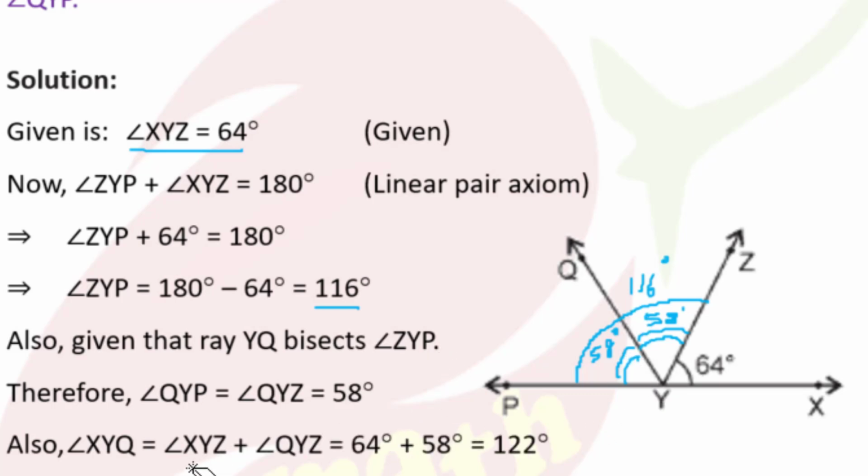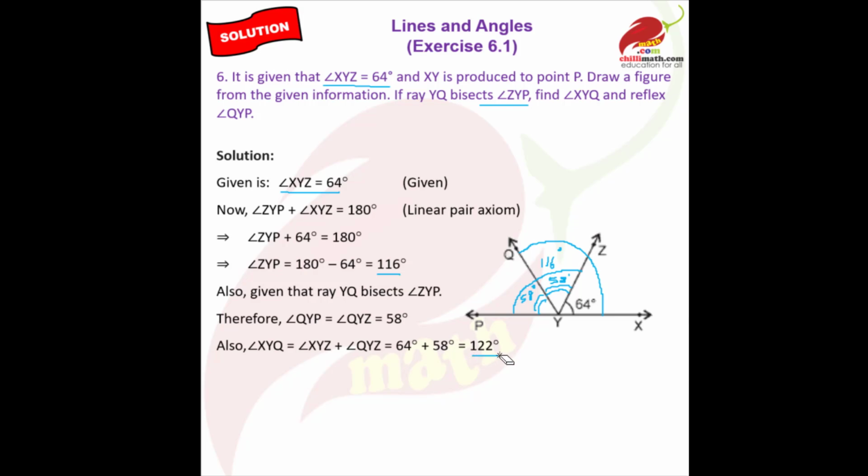Also XYQ. Now this XYQ, this is equal to this angle 58 plus 64, that is equal to 122 degree.